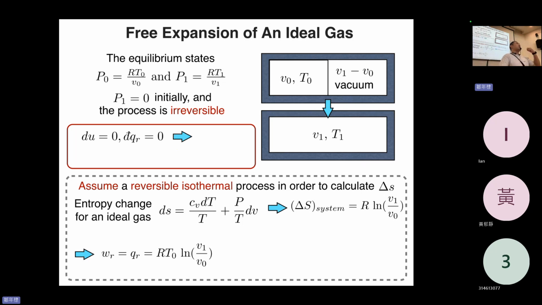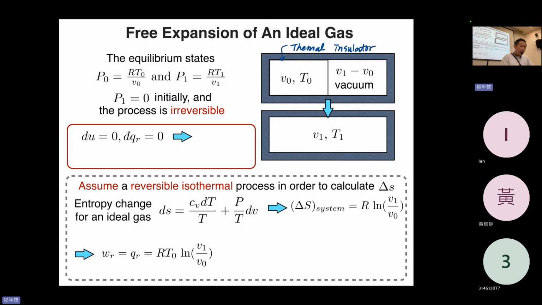We are going to use the entropy S to help us study something difficult to solve otherwise. One thing is the free expansion of an ideal gas. There's a container with a thermal insulator, so no heat flow.